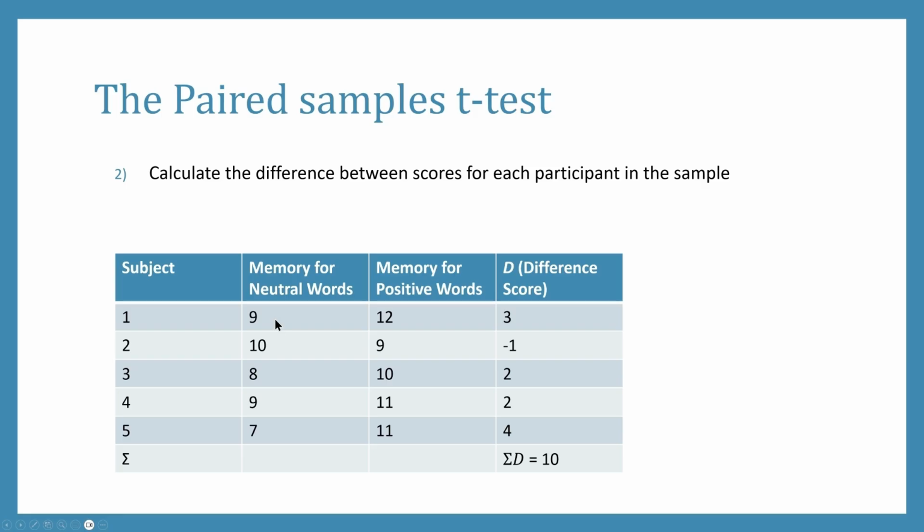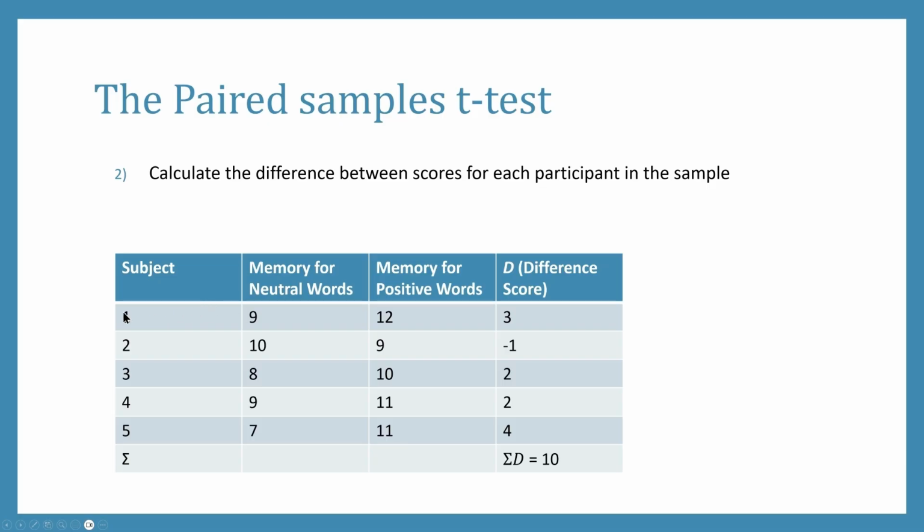So participant number 1 remembered 9 words from the list, then 10 words, 8 words, 9 words, 7 words. And then I look at the memory for the positive words, and I see participant 1 remembered 12 words, then 9 words, 10 words, 11 words, and 11 words.